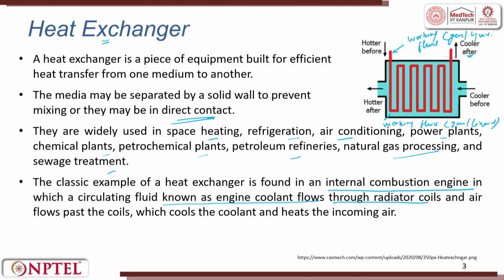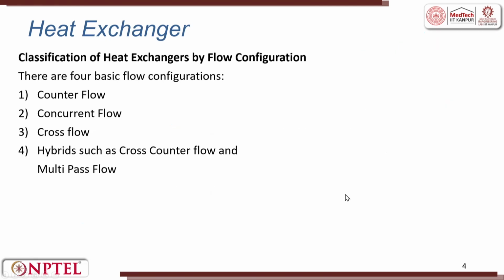So, in the internal combustion engine, the circulating fluid known as engine coolant flows through the radiator coil and the air is passed through the coil, which cools the coolant and heats the incoming air. The heat exchanger, classification of a heat exchanger by flow configuration.